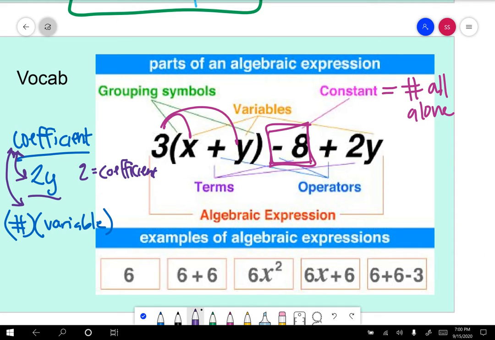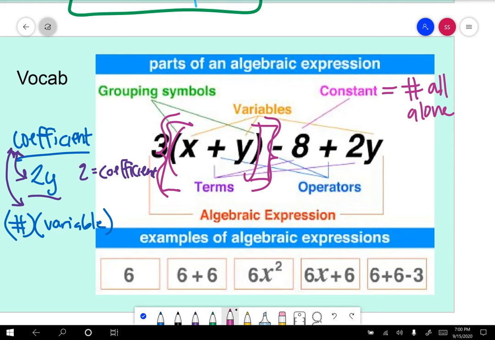Grouping symbols. Grouping symbols, basically any parentheses or types of parentheses. So if you have brackets, or those curly brackets, those are all called grouping symbols.